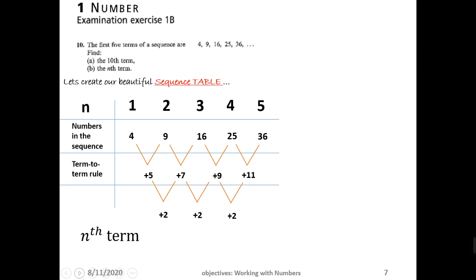So 2 to the power of 2, okay, if I want to make a relation between the 2 and the 1, it's plus 1. Here, 9 is 3 to the power of 2. If I want to make a relation between 3 and n, which is 3 and 2, it's plus 1.